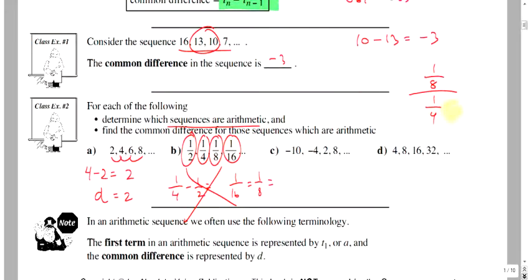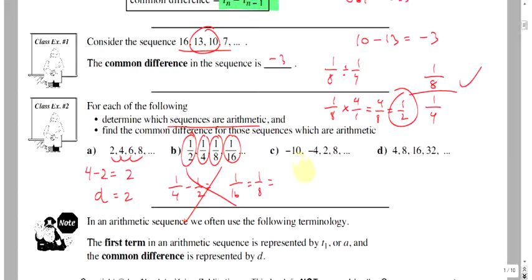Okay, everybody loves doing this. 1/8 divided by a quarter is the same as 1/8 times, flip it around, that's 4/8. It's a half. But I wasn't asked to do that. All I need to know is, is it arithmetic? It's not, okay? But what I said earlier still applies. If you don't see what it is, divide it by the previous one.